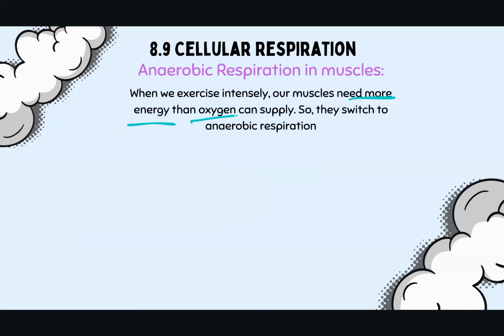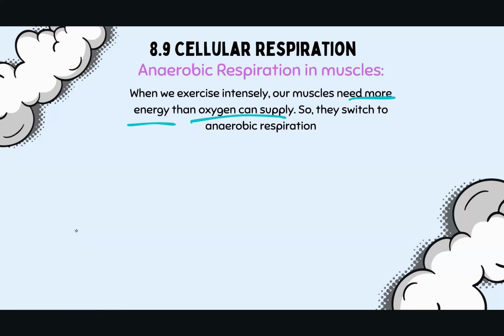Now, when we exercise intensely, our muscles need more energy than the oxygen can supply. So firstly, if we're running around, our muscles are full of muscle cells, and each muscle cell contracts and relaxes. Now, to contract and relax, it requires energy. So it's got lots and lots of mitochondria.